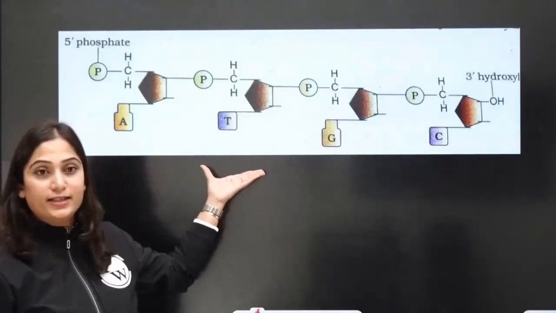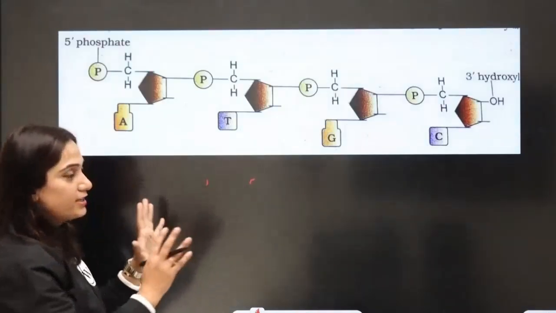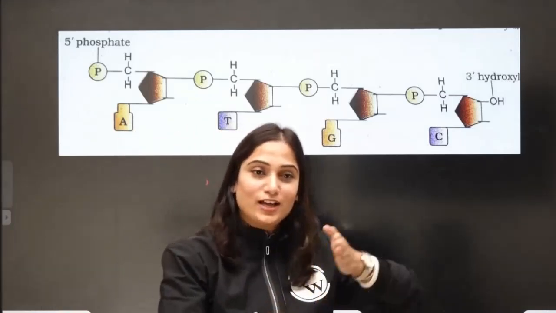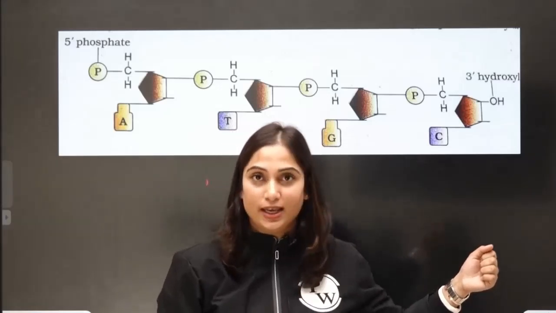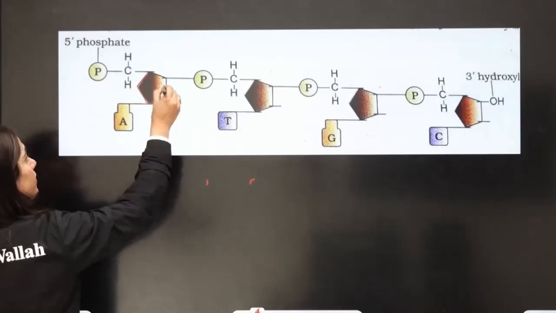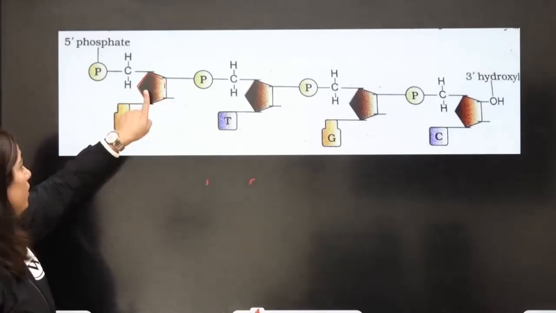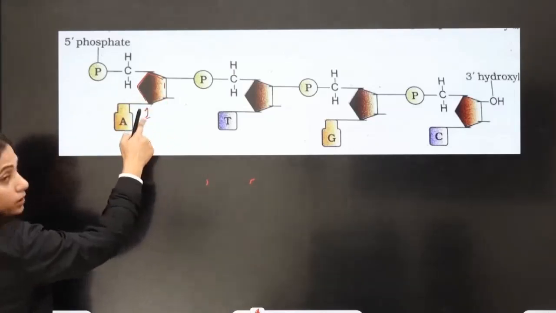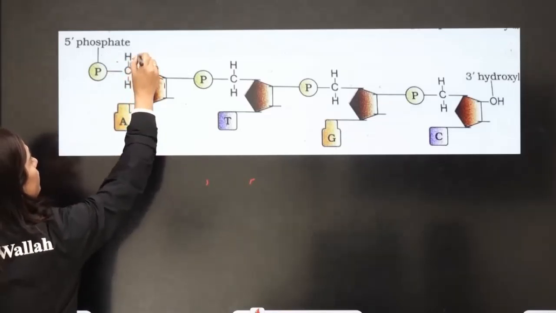So this is the diagram of NCERT, as you all must know. So let's understand what happens when a nucleotide attaches and forms a polynucleotide chain. So beta, this is the sugar. This is the 1' carbon of the sugar, and this is the 5' carbon of the sugar.